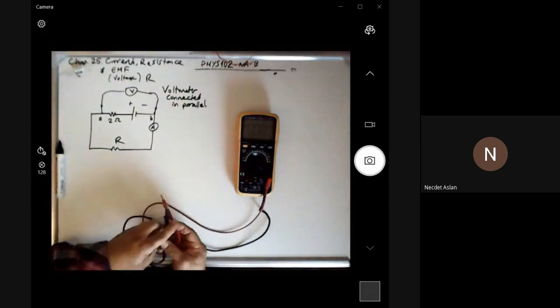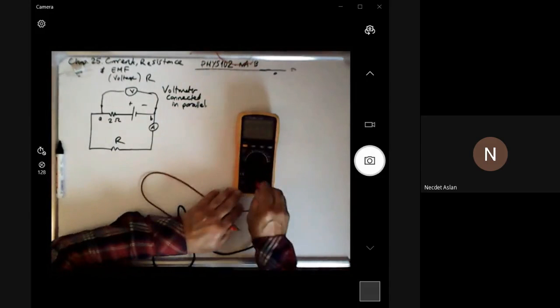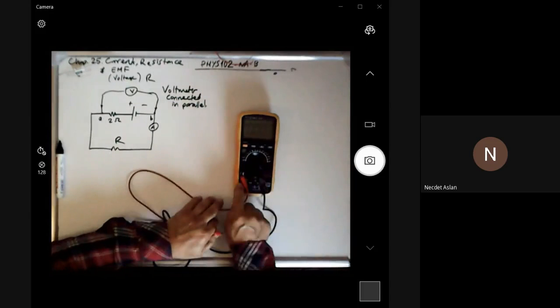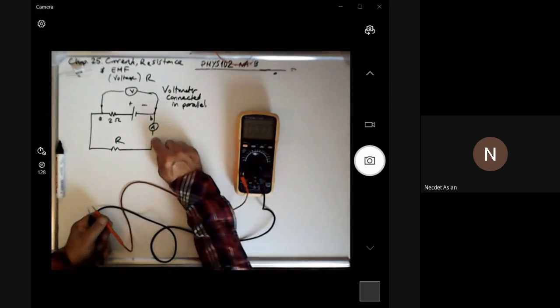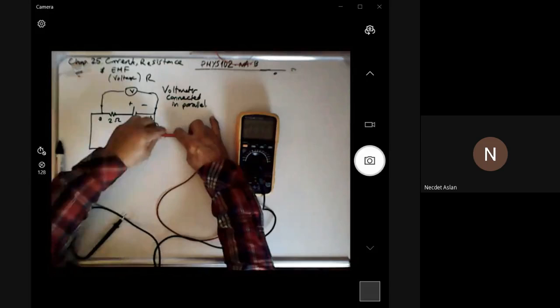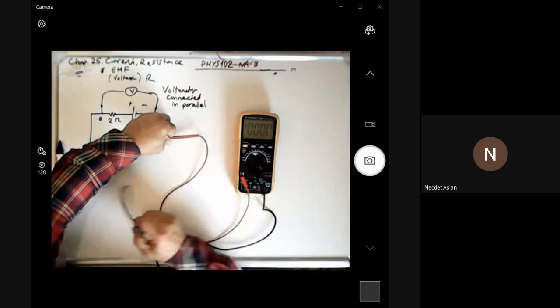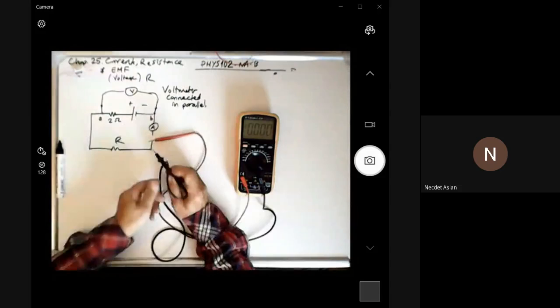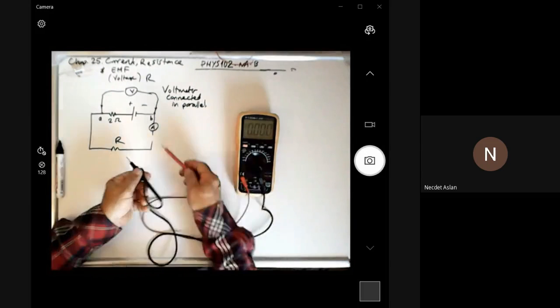But to measure the current, you have to switch this connector to this here, which shows the current measurement. Now you have to open this up and connect it there, and let the current pass through the current meter, and then go back to this point. So the current passes through this, and then it gives you the current.